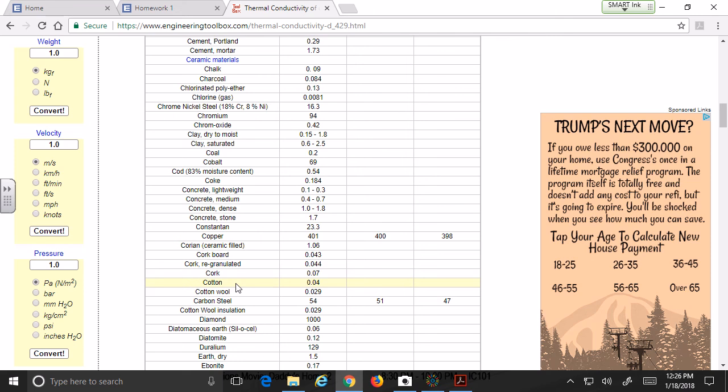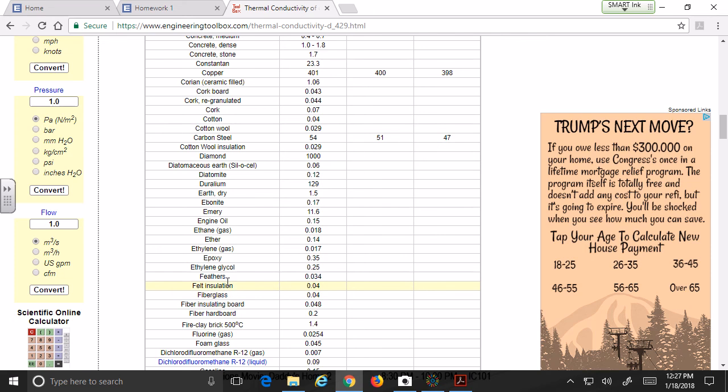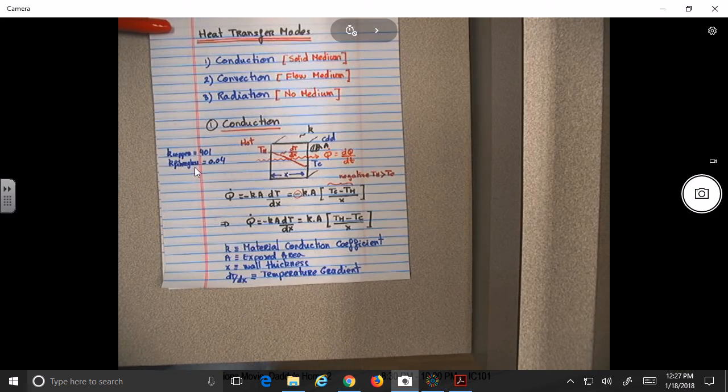Cotton is 0.04. Cork is a good insulator, no? So let's say cork, okay? Let's do fiberglass, okay? Fiberglass is of the order of 0.04. So that's what I put on the notes. I just wrote those two values over here.